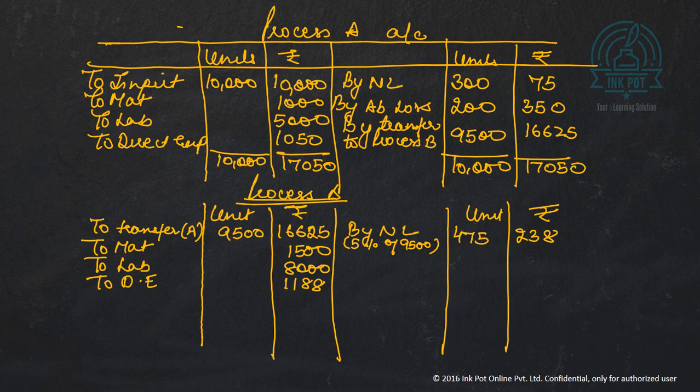Now we have to write the output units transferred to process C. So the output of this process will be transferred to process C. Now let me check the output units.